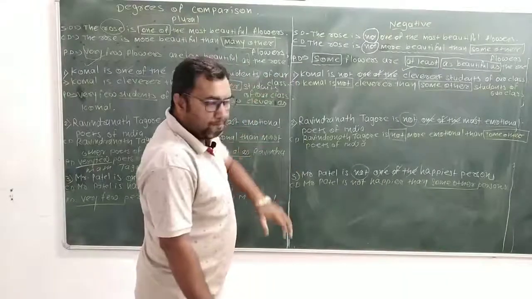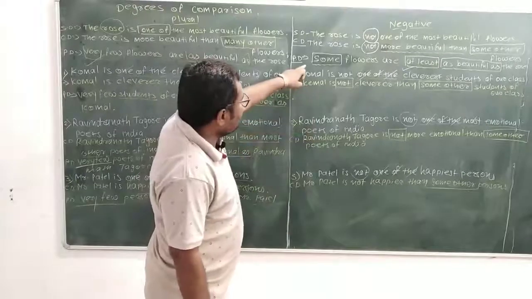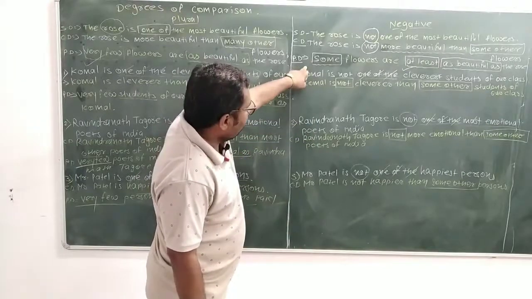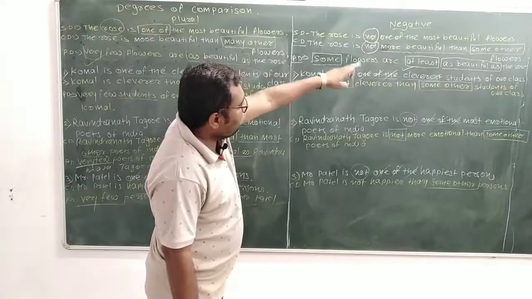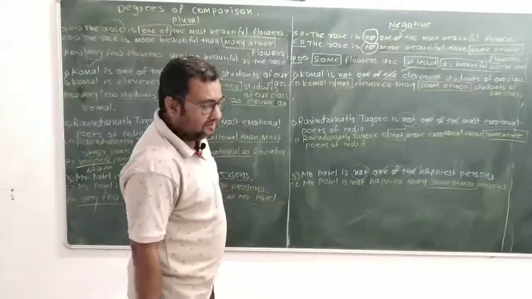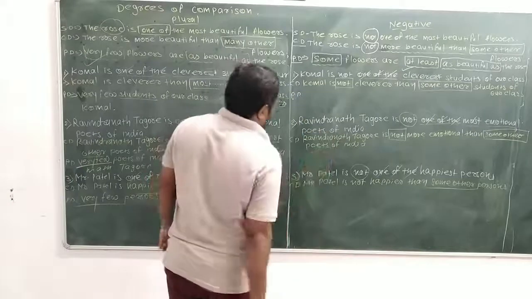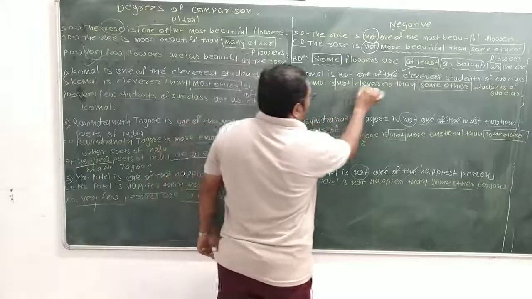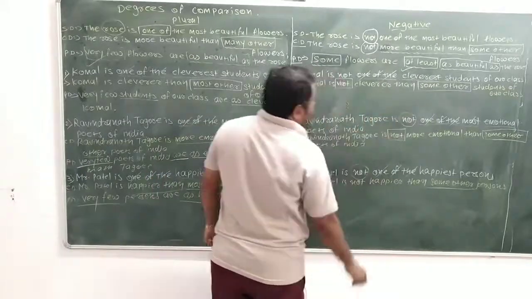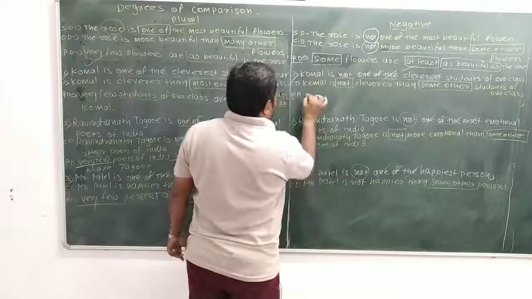Now we try to make positive degree. So let's see the structure. Some are at least as. Okay. So positive degree. Komal is not cleverer than some other students of our class.